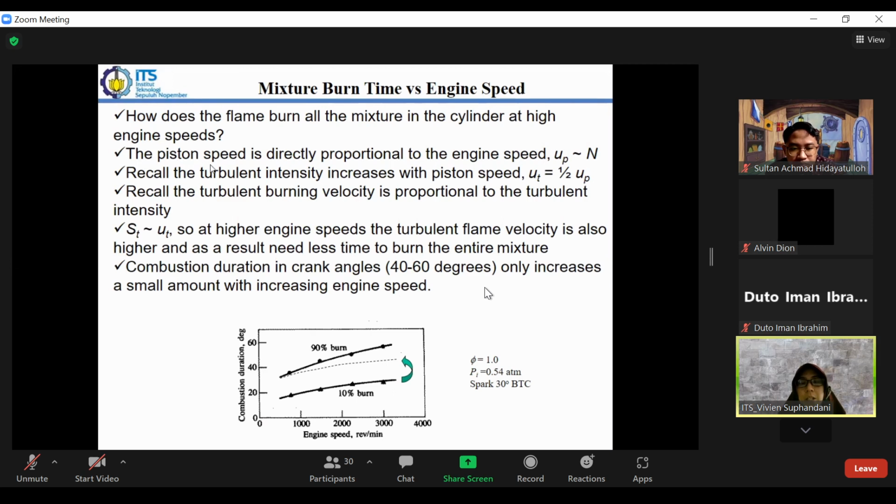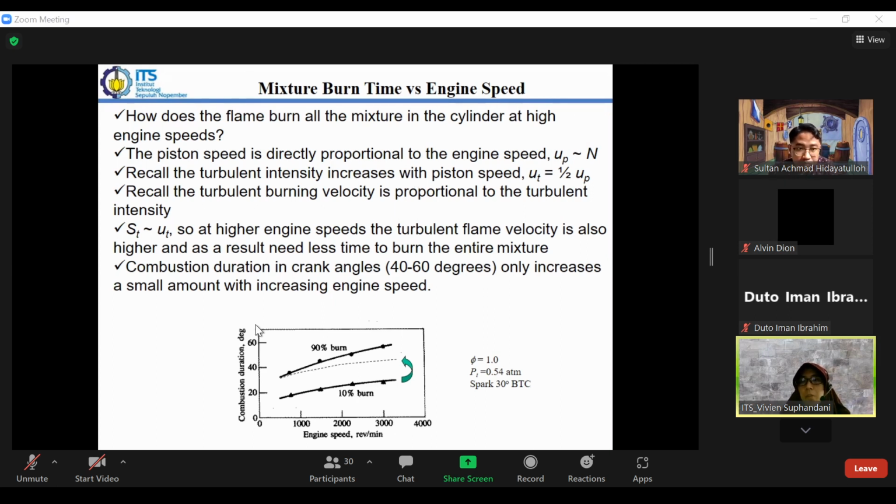We look at here that piston speed is directly proportional to the engine speed. So the engine speed, or the crankshaft's rotational speed, is proportional to the piston speed, or the movement of the stroke. And when we have higher piston speed, when we talk about combustion, we will have flow inside.